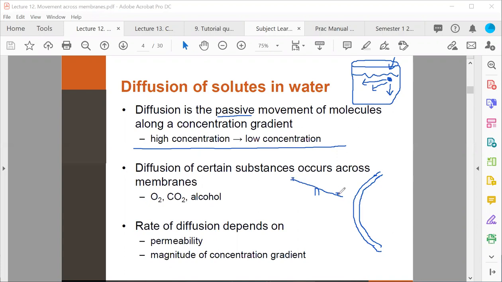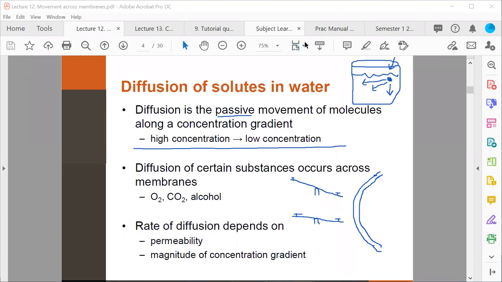So we've got a much greater magnitude here compared to another example where it's not quite as pronounced. The magnitude of this concentration gradient is much greater, so the rate of diffusion will also be much higher.